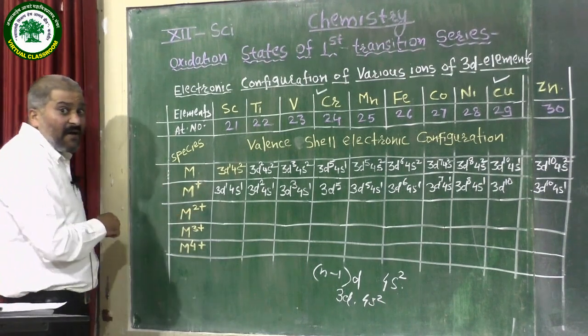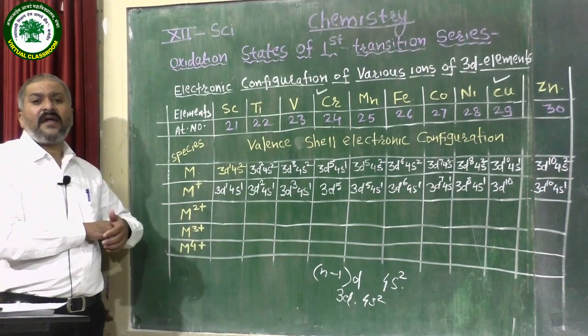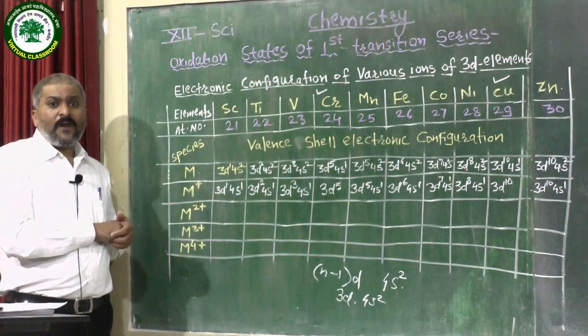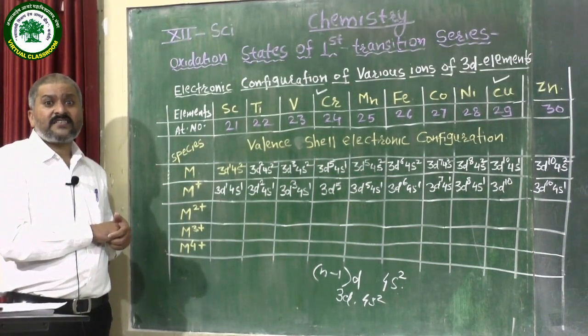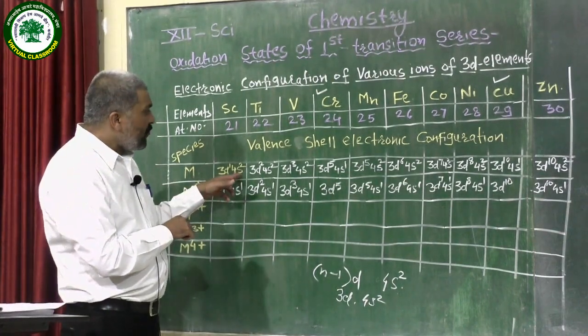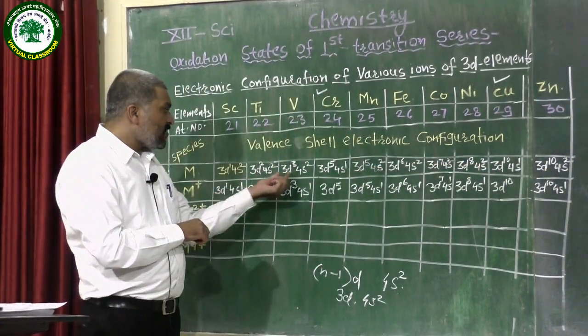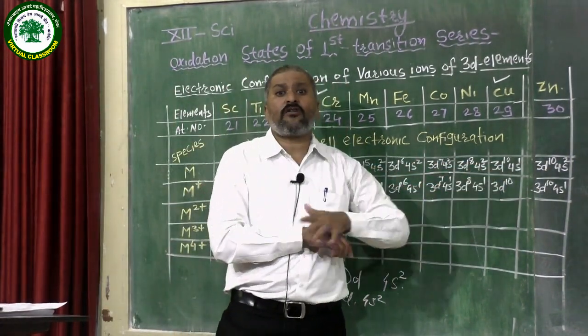In dipositive ion, all of you know, all the transition metal elements show +2 as the common oxidation state. The reason behind it is that in nearly all elements, the 4s orbital contains 2 electrons.